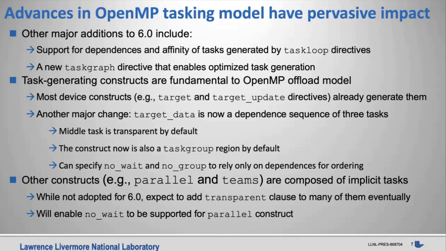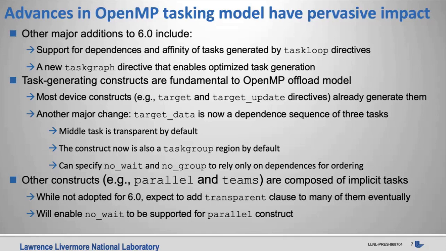That way you can again get the greater concurrency that was present previously. Otherwise, when you get to the end of a taskgroup region, you're guaranteed that the data mapping clauses will complete prior to the completion of the target data region.